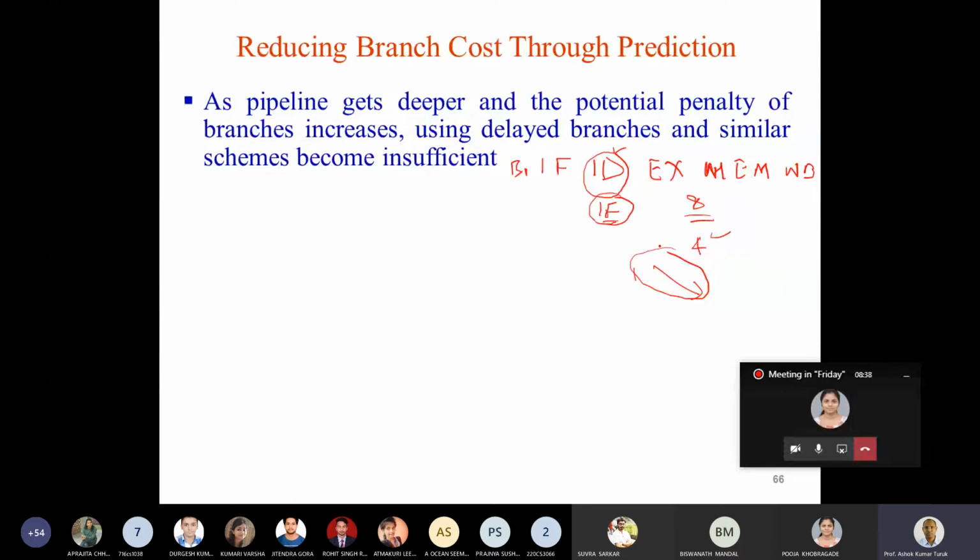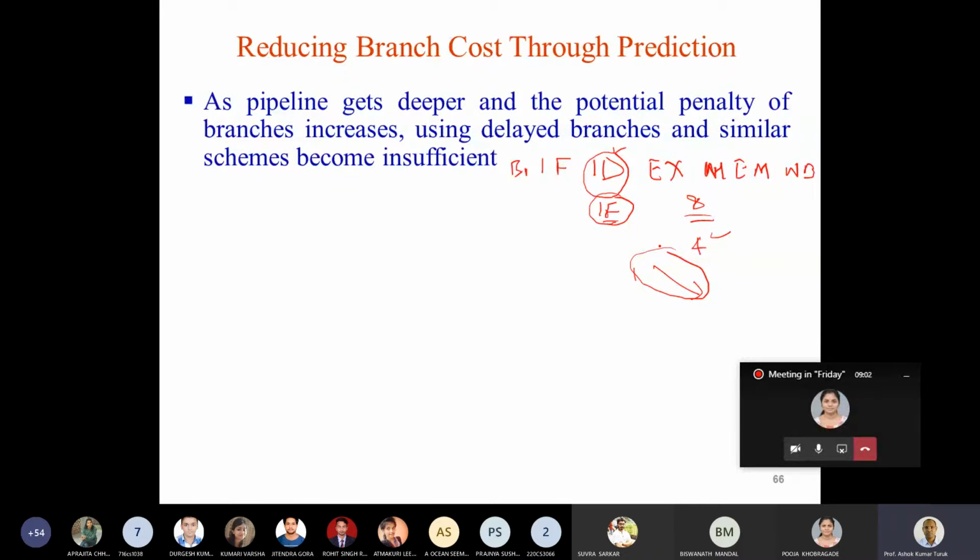Earlier we were paying one penalty, only one instruction had to be converted into no operation. Now when the branches are handled deeper in the pipeline, more than one instruction has to be converted to no operation, so the penalty that you have to pay is more.